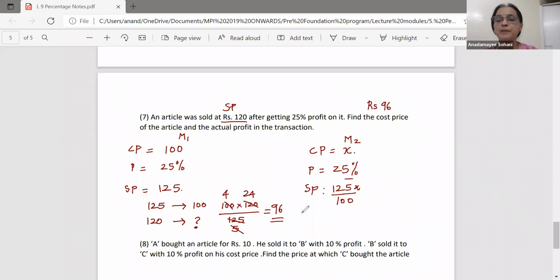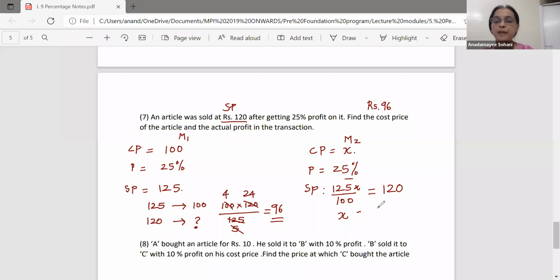And if I calculate 25% of 96 and add it to the cost price, I will get the sale price as 120. How will I do it by x? My sale price is 125x upon 100, which is 120. How do I find the value of x?